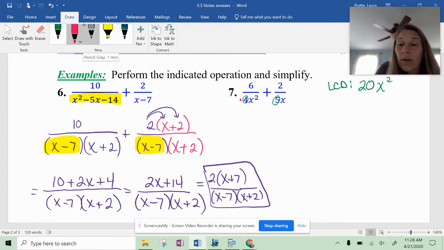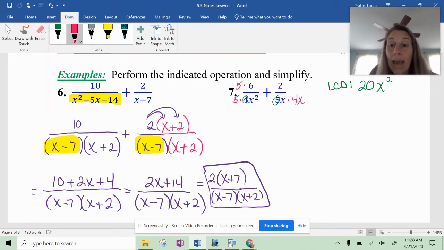Well, the x squared is already there, but 4 needs to be multiplied by a 5. So I'm going to have to multiply the top and the bottom by 5. The second fraction, I need a 4 because 4 times 5 is 20, but I also need another x to make it 20x squared. And then whatever you do to the bottom, you're going to do on the top as well.